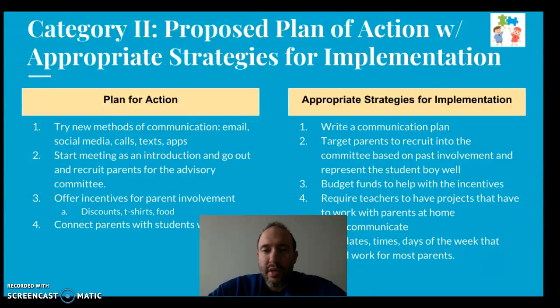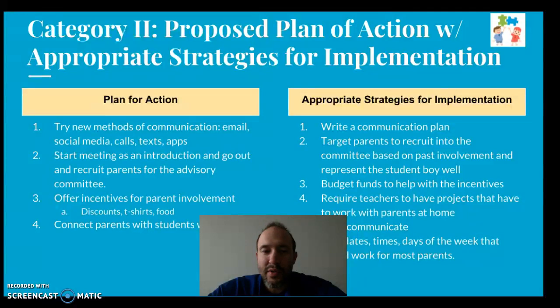For instance, if you had 50% Caucasian, 50% African American, you wouldn't want all the parents to be in one group. That's what I mean by representation of the student body. Also socioeconomic status, all sorts of different layers with that. And actually go out and make phone calls and have face-to-face meetings with some parents that you think would be good for the group.